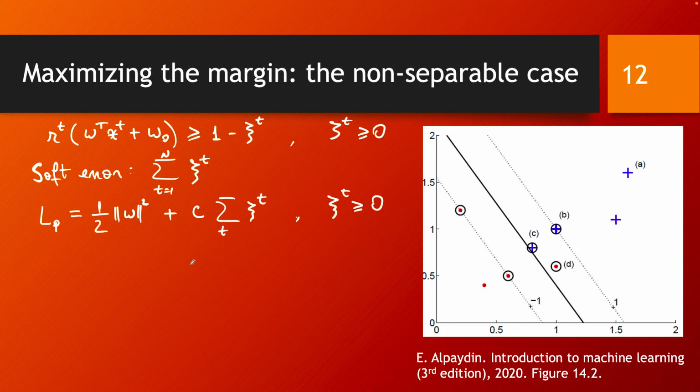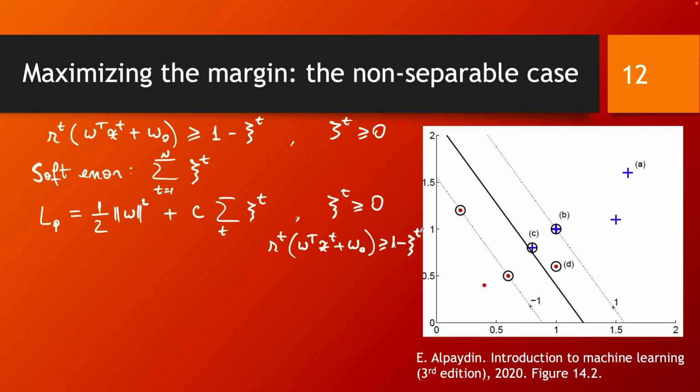So the discussion now continues exactly the same as in the separable case. We realize that we have this Lagrangian that we have to minimize, and our constraints are going to be that xi t is greater than or equal to 0, and the other constraint, just like before, is that rt times (w transposed xt plus w0) is greater than or equal to 1 minus xi t.